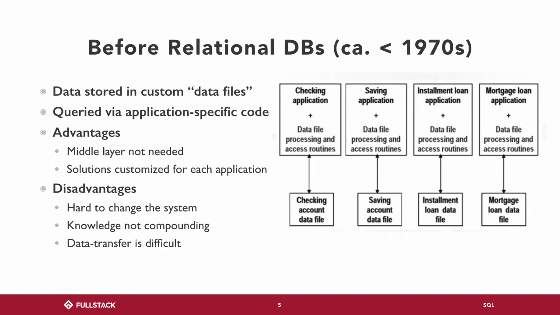Here we can see a checking application, a savings application, various loan applications. The application itself was responsible for both the data and the business logic. The advantage to this is that you didn't need any sort of middle layer. You had custom solutions for each of these applications.